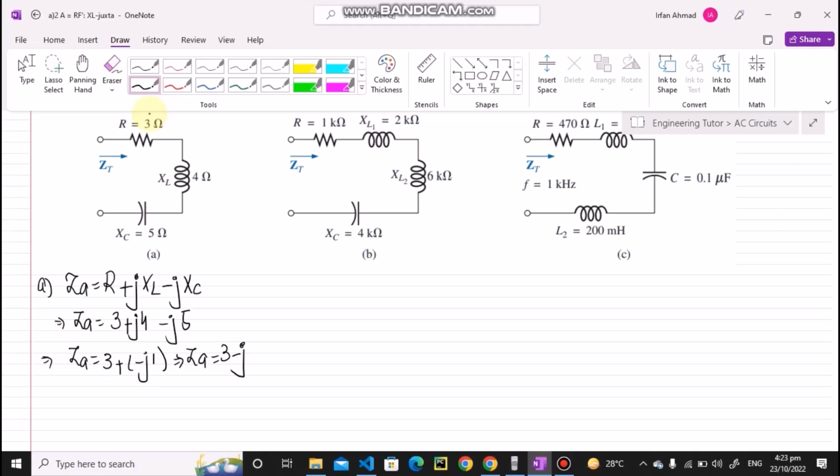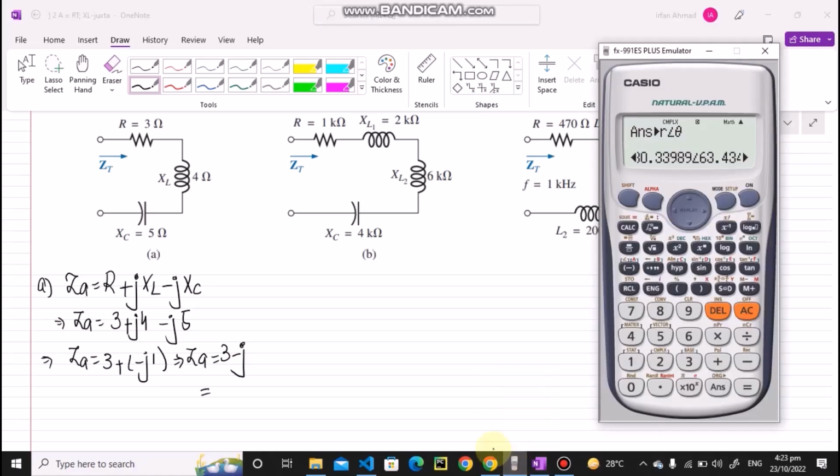Converting it into the polar form, I am not going to go to the manual method again and will do it here. So 3 minus 1 and writing iota with it, that is in the rectangular coordinate system.